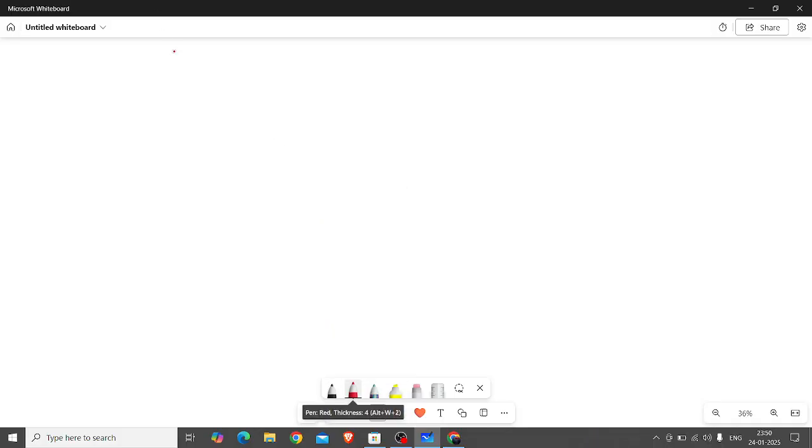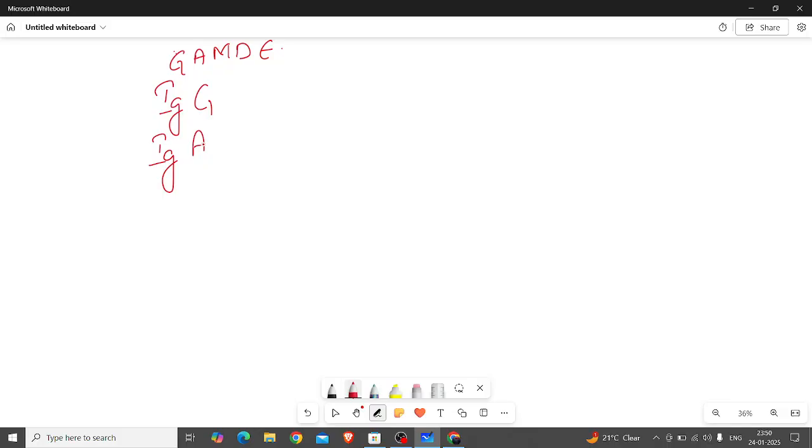We will use a mnemonic in order to remember all the 5 immunoglobulins. We will use this mnemonic GAMDE: IgG, IgA, IgM, IgD, and IgE.